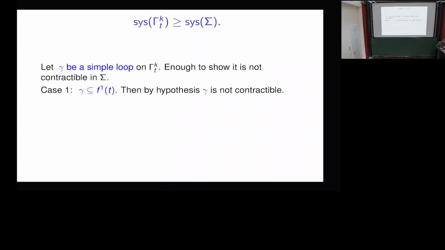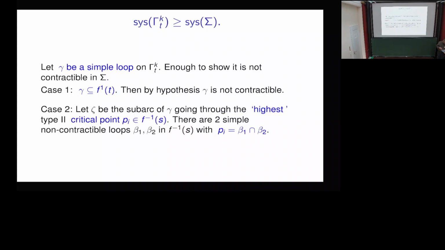So there are two cases. Either the loop is contained in f inverse of t, so it's one of my green loops that I drew before, and then by hypothesis I just took them to be non-contractible, or they contain some other piece, right?